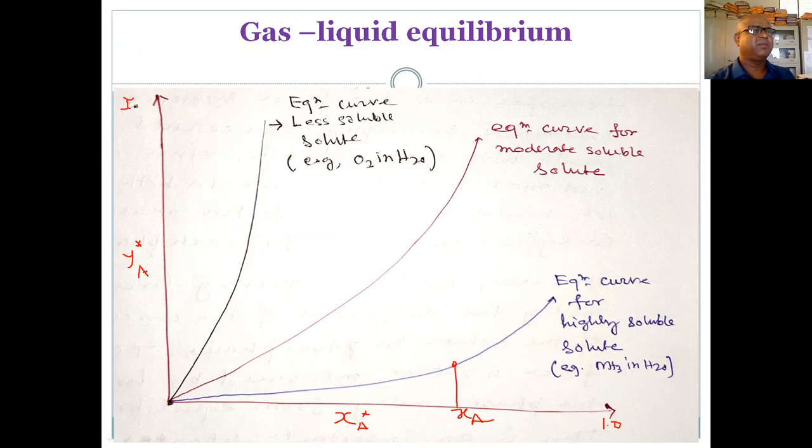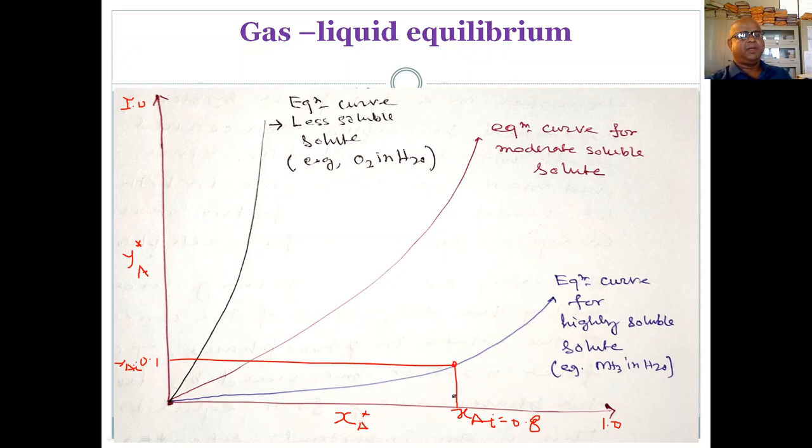The maximum mole fraction can be 1. So let's say xi is 0.8 and yi is 0.1.